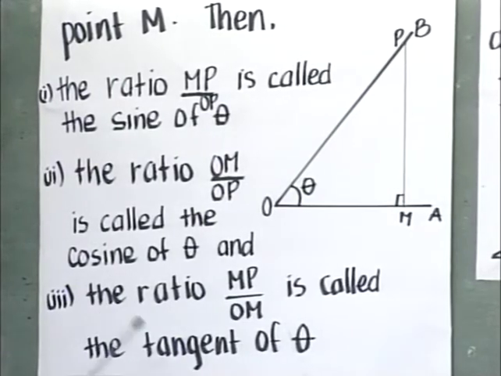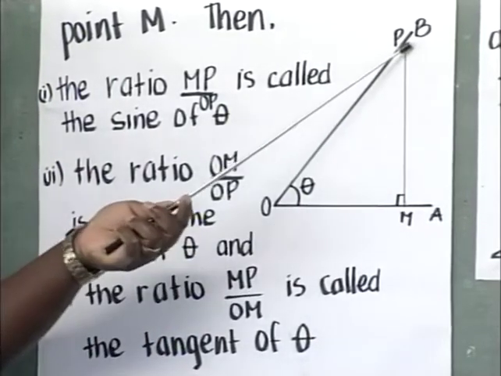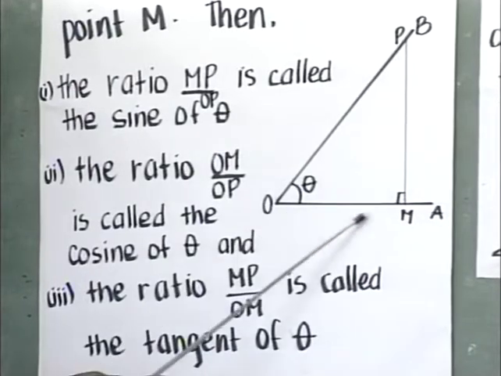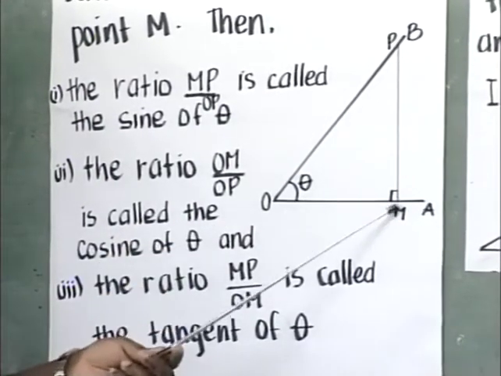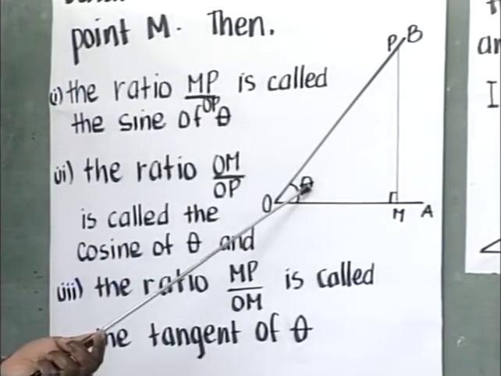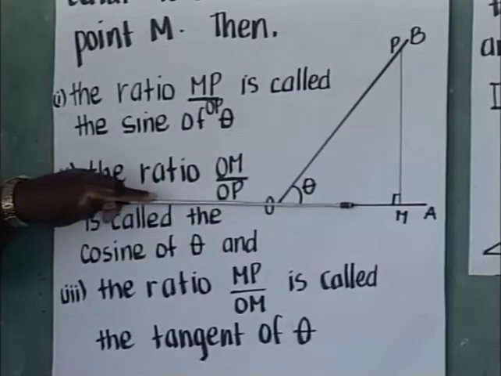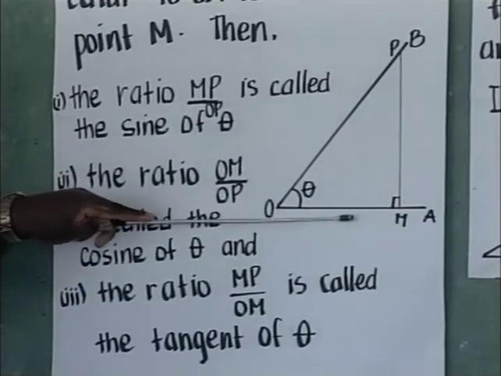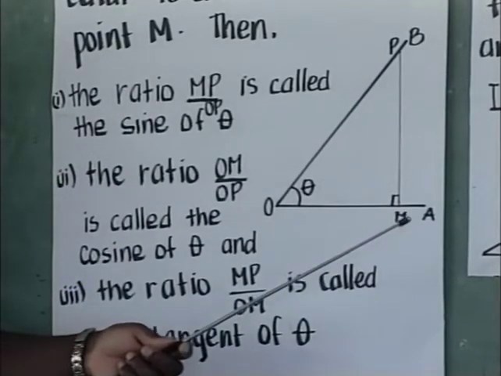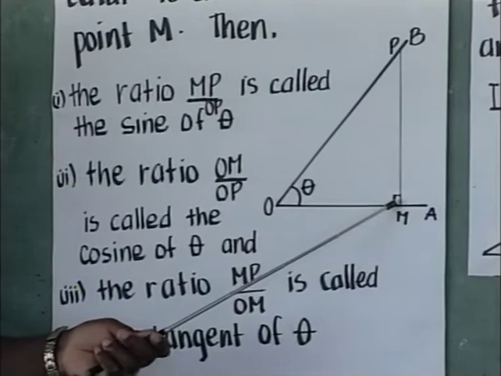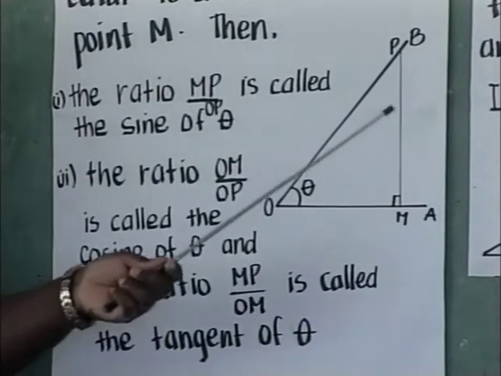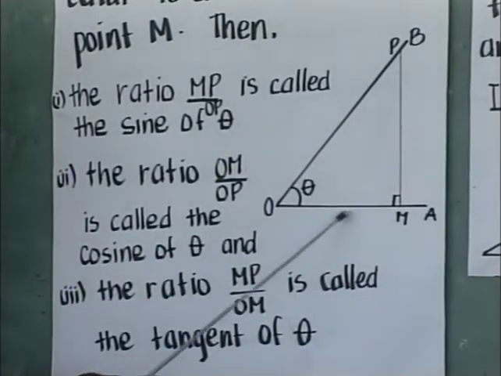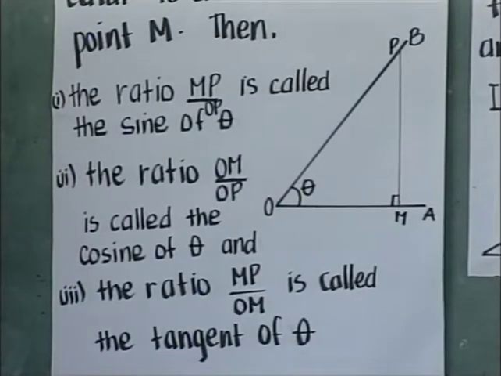And the ratio MP over OM, where MP happens to be the side which is opposite to the angle, and OM is the side which is adjacent to the angle, is called the tangent of angle theta.